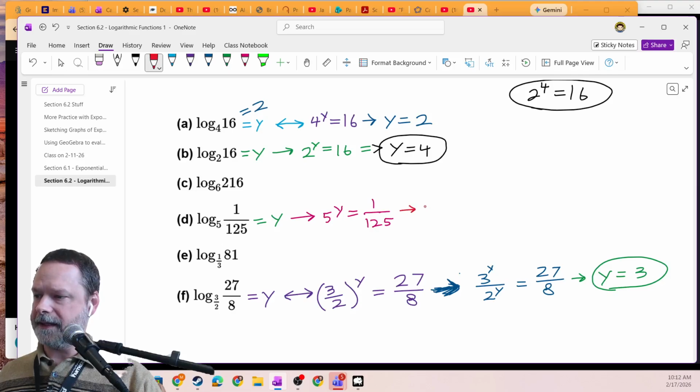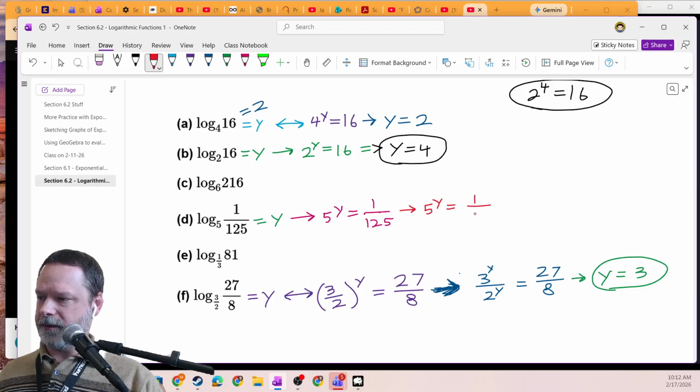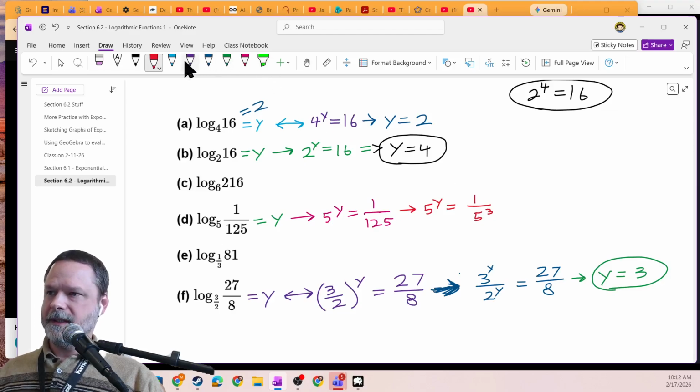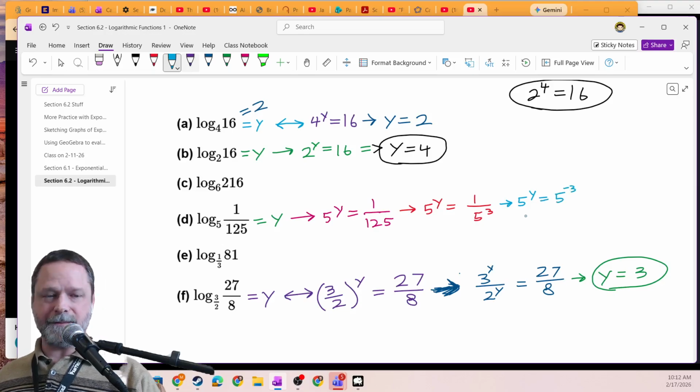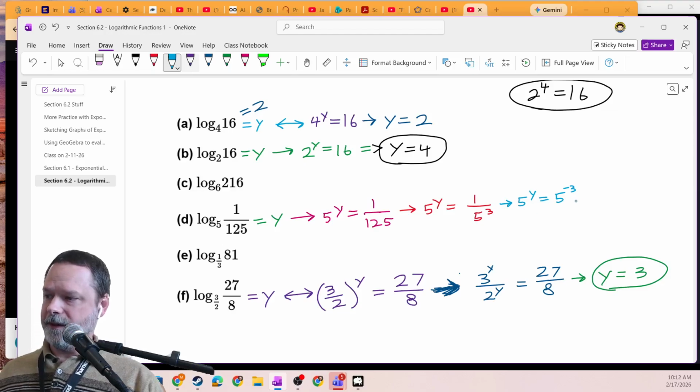So I could say that 5 to the y is 1 over 5 cubed. And then I can go further and get this to be the base on the right side. I could just say, hey, 5 to the y equals 5 to the negative 3, again using properties of exponents. Well, here we go. It's quite obvious. y equals negative 3.